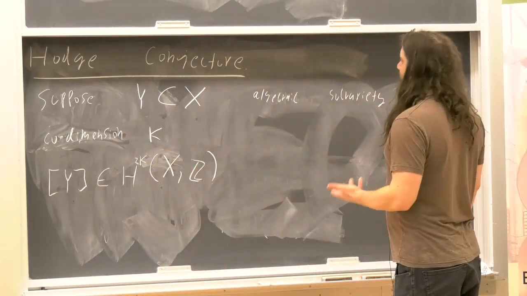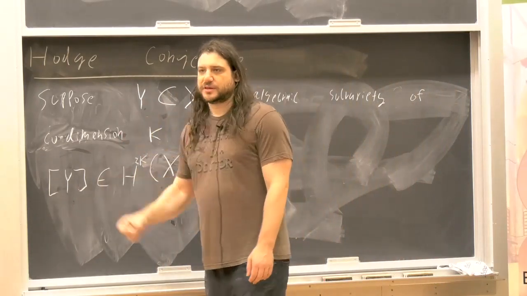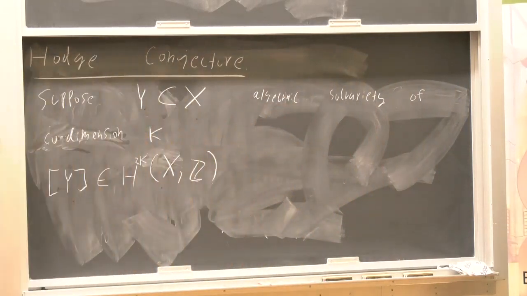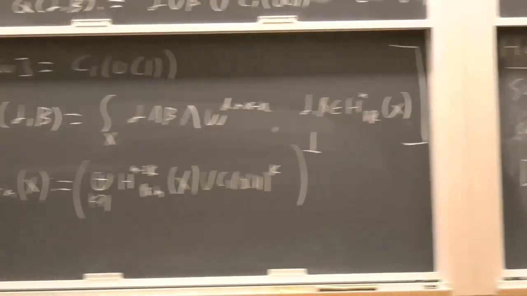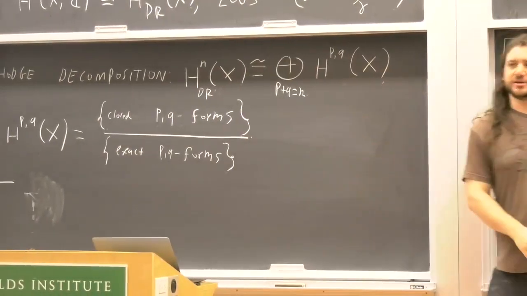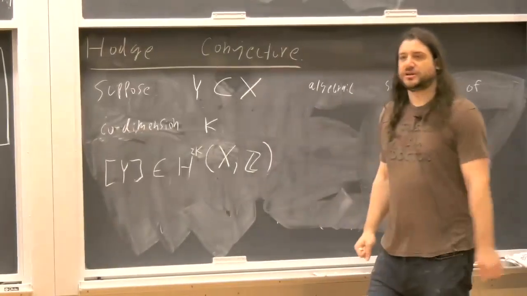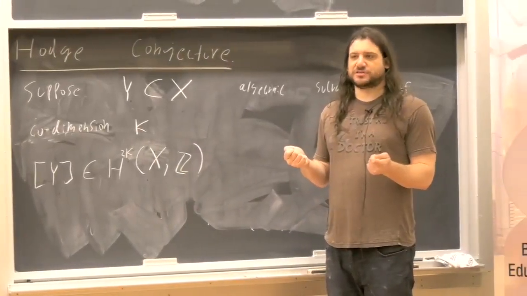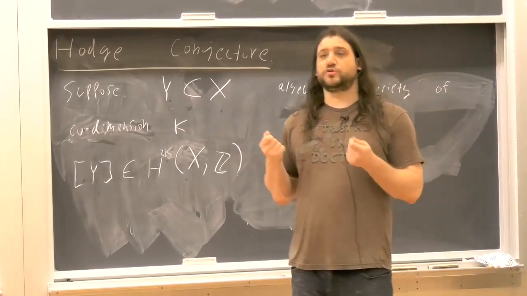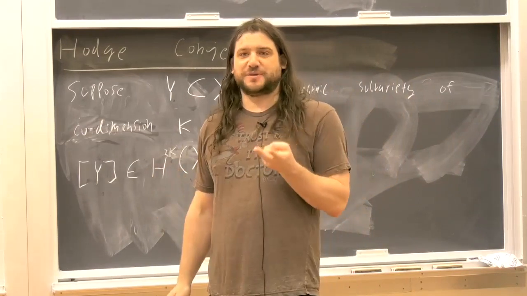However, something very cool happens because Y is a holomorphic submanifold. If we look at a differential form on Y which is pure of type PQ, so we get P holomorphic parts and Q anti-holomorphic parts, and P plus Q is equal to 2K, the only way for that to be nonzero is for P to be K and Q to be K. Just like if I take a 2-form on a curve, it's not zero, it simply has to be a 1-1 form.